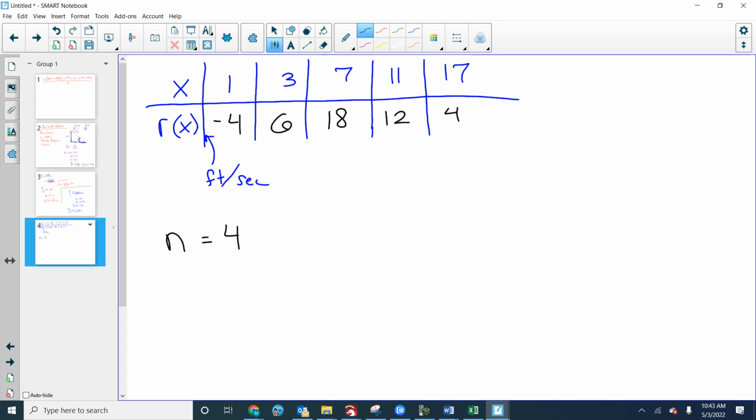So we can still do total distance traveled without integrals. We can use Riemann sums. We can do trapezoidal sums with this process, and just as you are calculating each of the areas, make them positive.